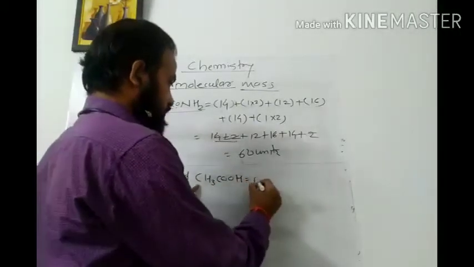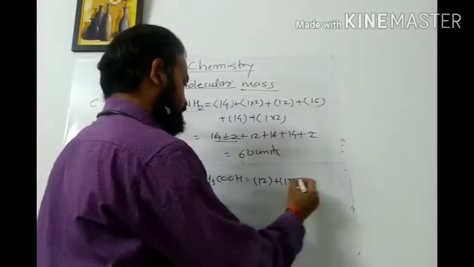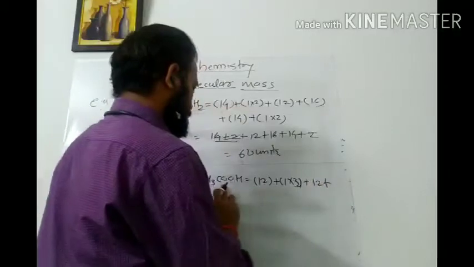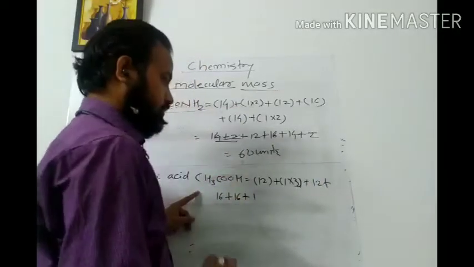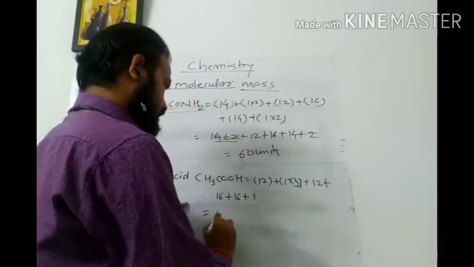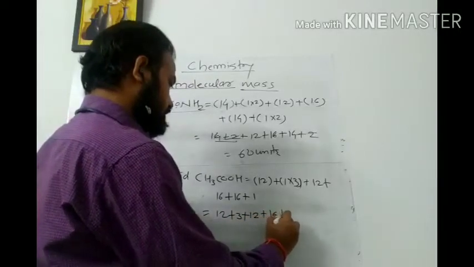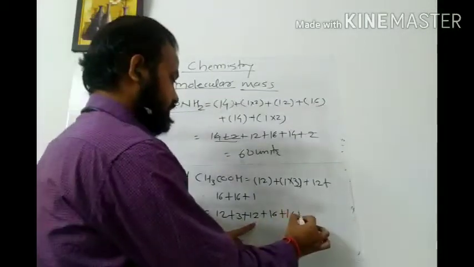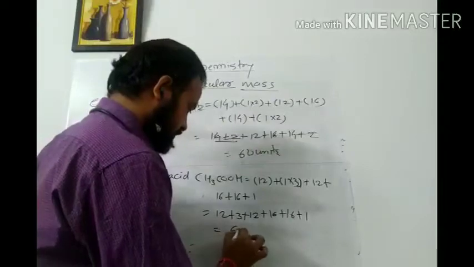So here again carbon 12 plus 3 atoms of hydrogen plus again 1 atom of carbon, 2 atoms of oxygen, 1 atom of hydrogen. If I simplify it, I get 12 plus 3 plus 12 plus 16 plus 16. If we add it, it becomes 60 units.